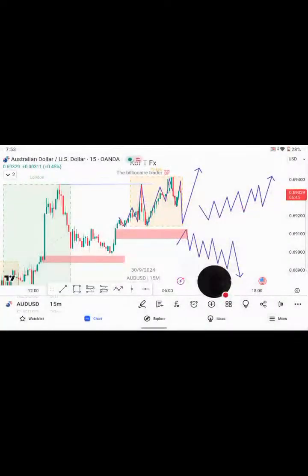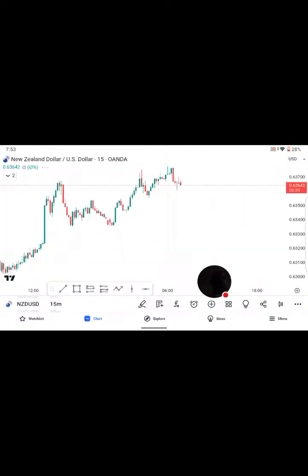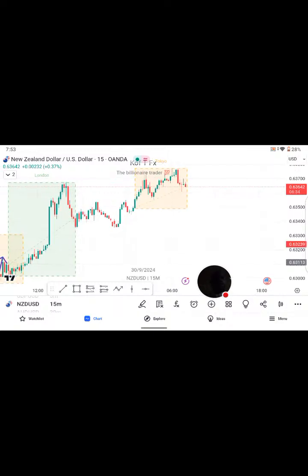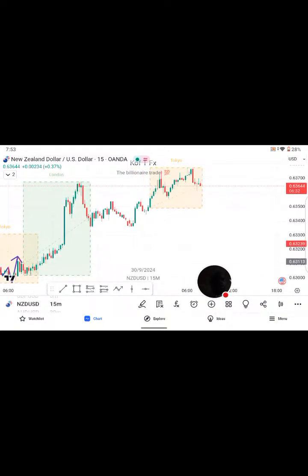So let's check other pairs to see. Okay, this is NZD USD. For NZD USD, let me draw out the structure I have here.